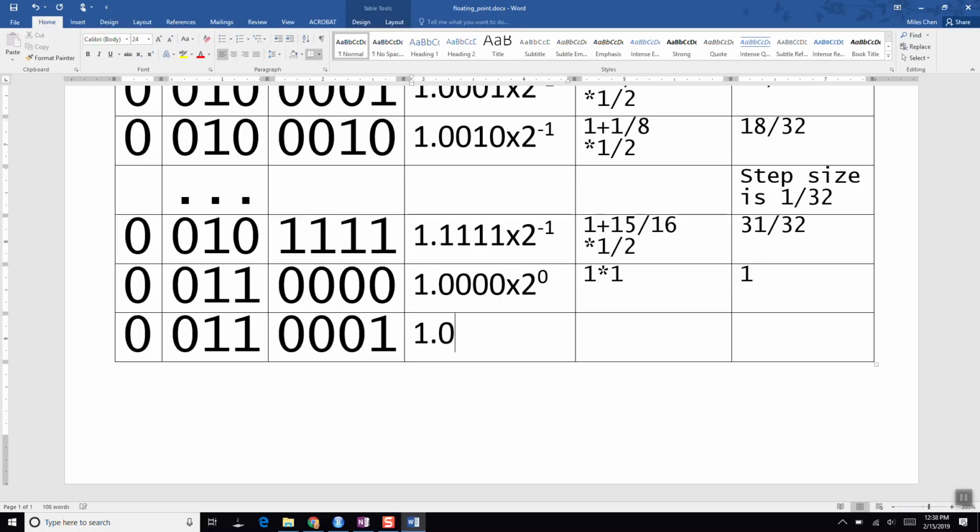The next thing is going to be basically 1 and 1/16 times 1, which gives me 1 and 1/16. I guess 17/16, we can write that. And so now my step size is 1/16.